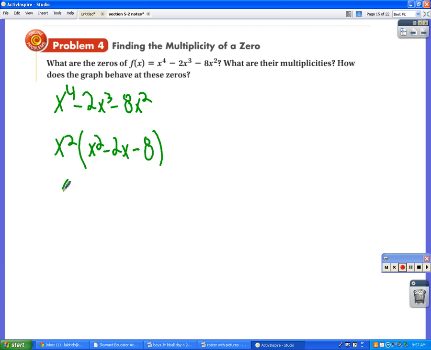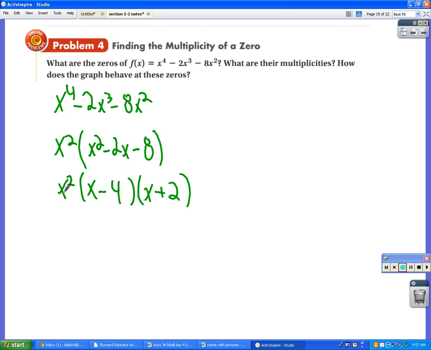Now I can factor this into 2 pieces very easily. What 2 numbers multiply to give me -8 and add to be -2? -4 and +2. Okay, now what you have to recognize is what does x squared mean? This is multiply everything. What does x squared mean?